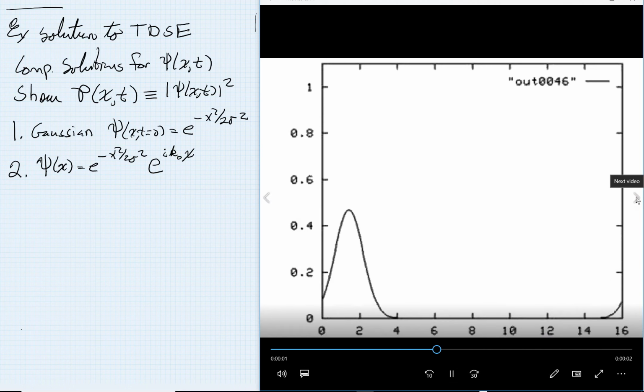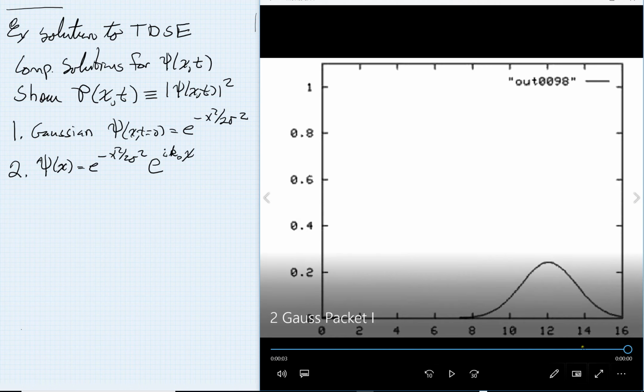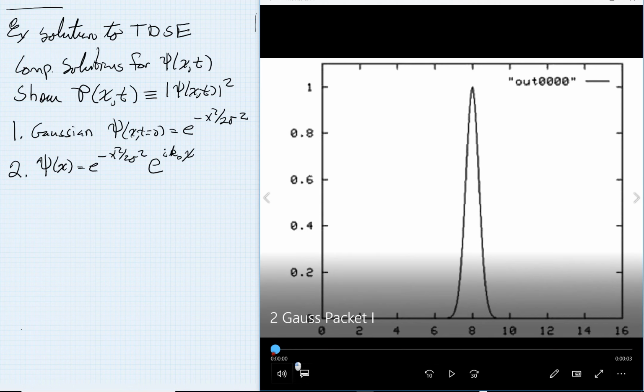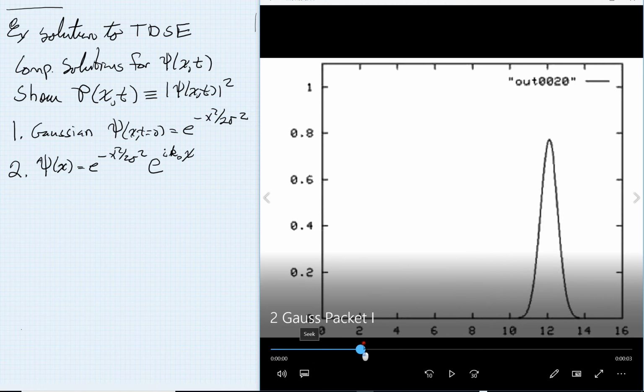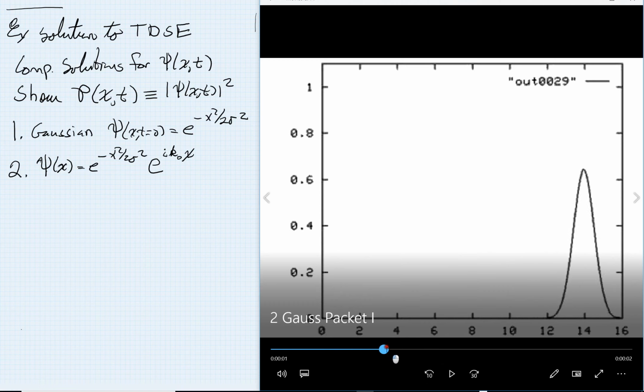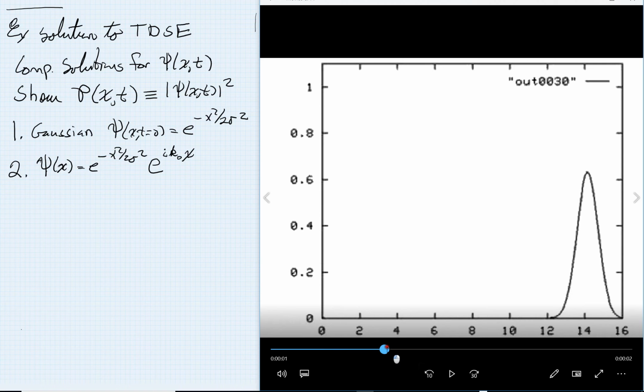What you'll notice is that now the particle, we've actually gotten it to move. It starts off the same, but as time goes on, it moves along. One thing I'd like to stress is that as the wave function gets to the very edge of the window where I'm looking at it in my plot, this is the position of the particle going across this axis, and this is the value of the wave function moving vertically.